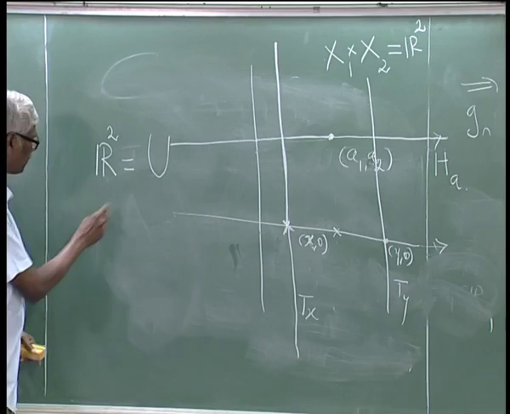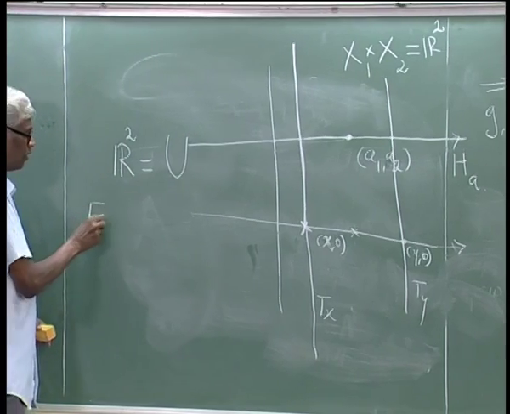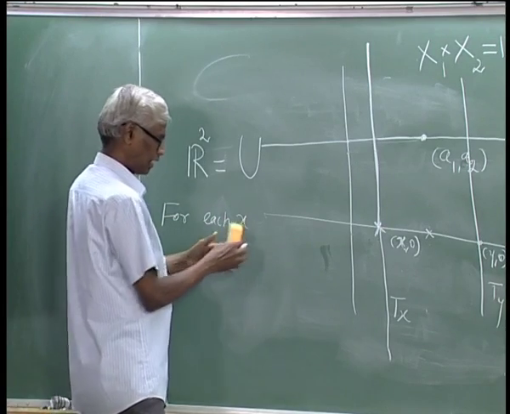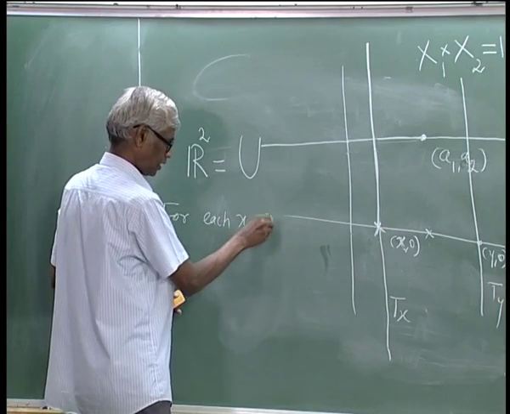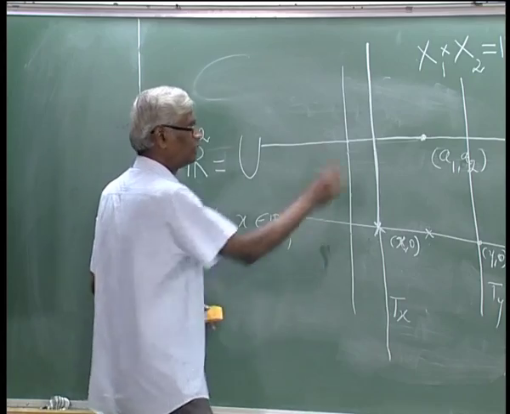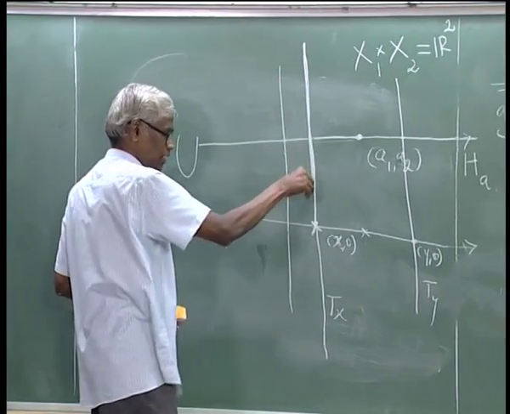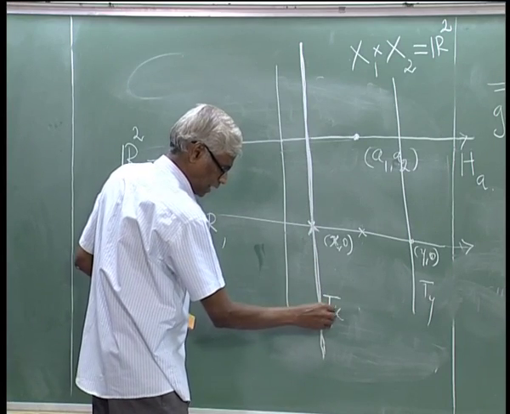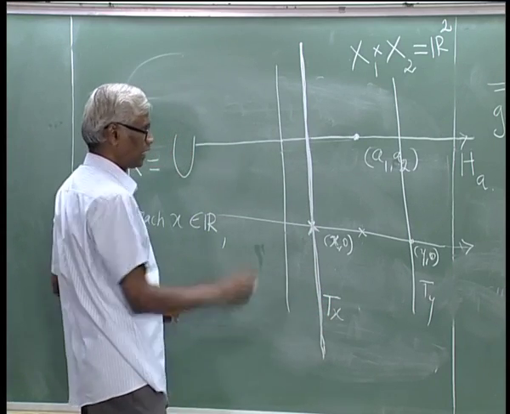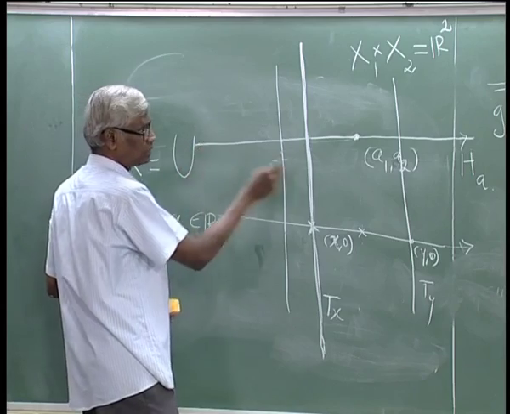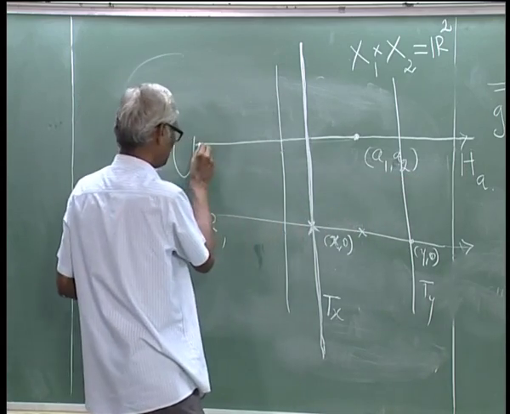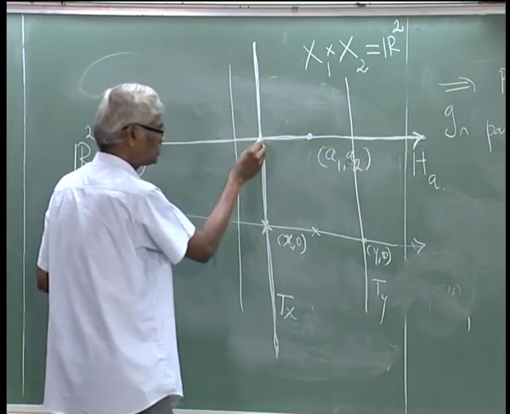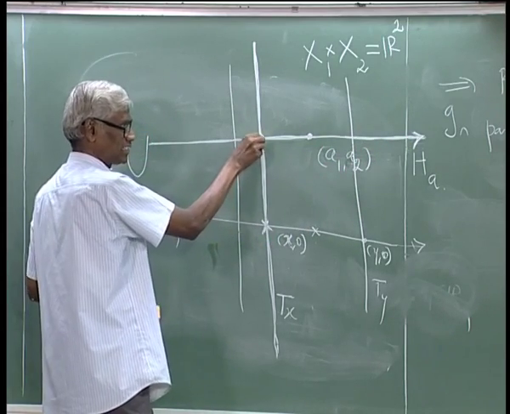Now, for each x in R, we have this line Tx, and this horizontal line H suffix A; these two lines intersect.